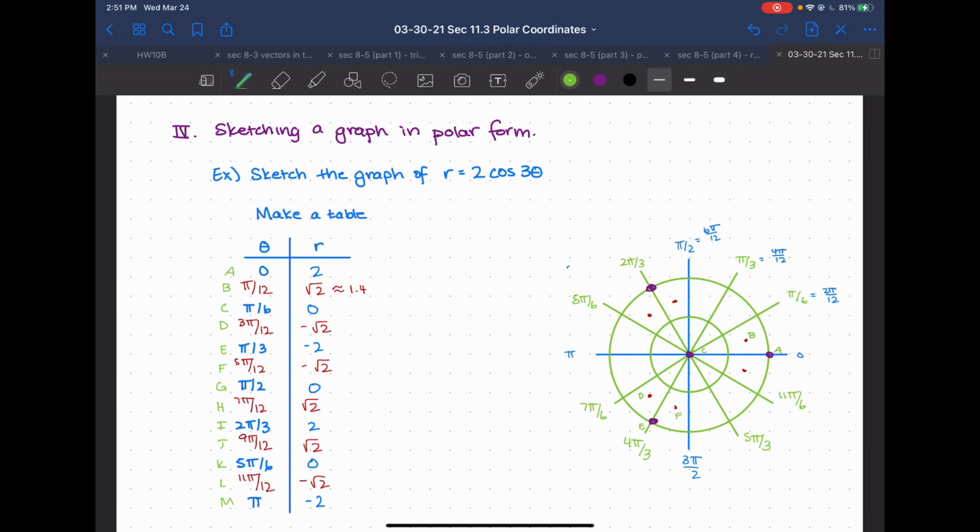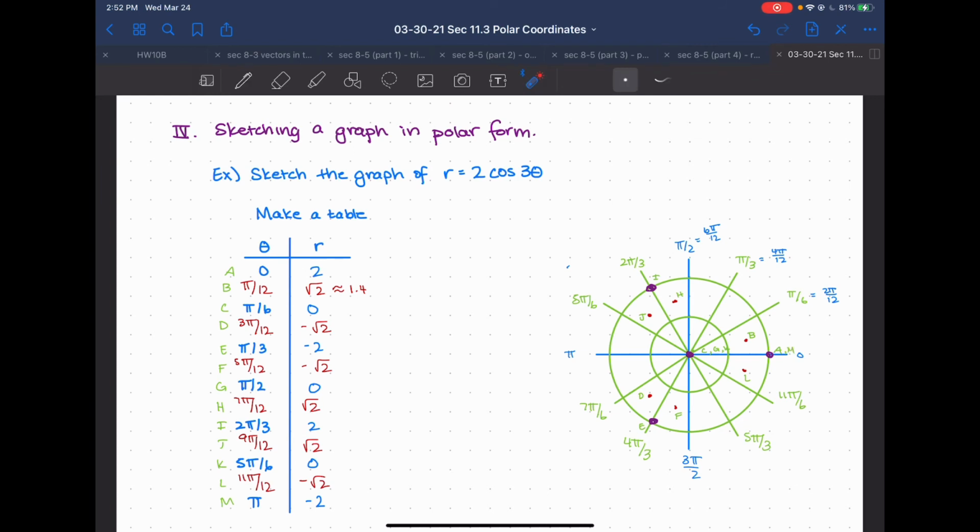Point F. G put us back at the origin. H put us up here. I put us right there. J put us right there. K put us back at the origin. And then L, 11 pi over 12. L put us right here. And then finally M put us right back here.